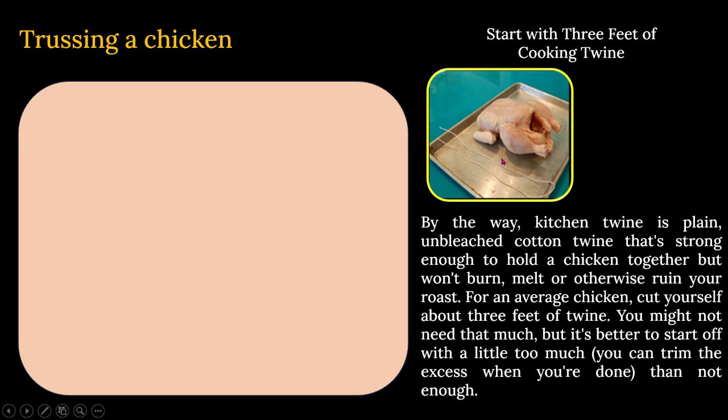So we'll have to select a cotton twine with the strength to hold the chicken properly, and it won't melt or burn inside the oven. For an average chicken, we require about 3 feet of twine.